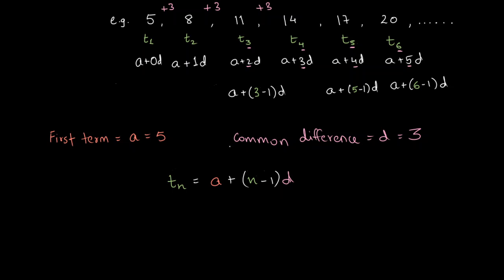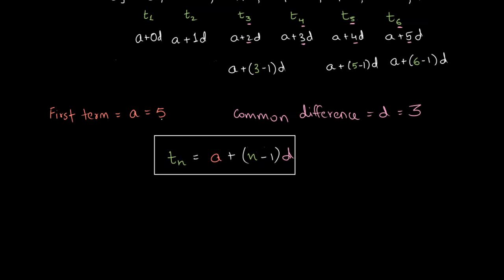As you can see over here, the sixth term was a plus 6 minus 1 into d, a plus 5d. The fourth term is a plus 4 minus 1 into d. So the nth term, the general term, is a plus n minus 1 into d. This is the formula that we're going to use in this chapter.